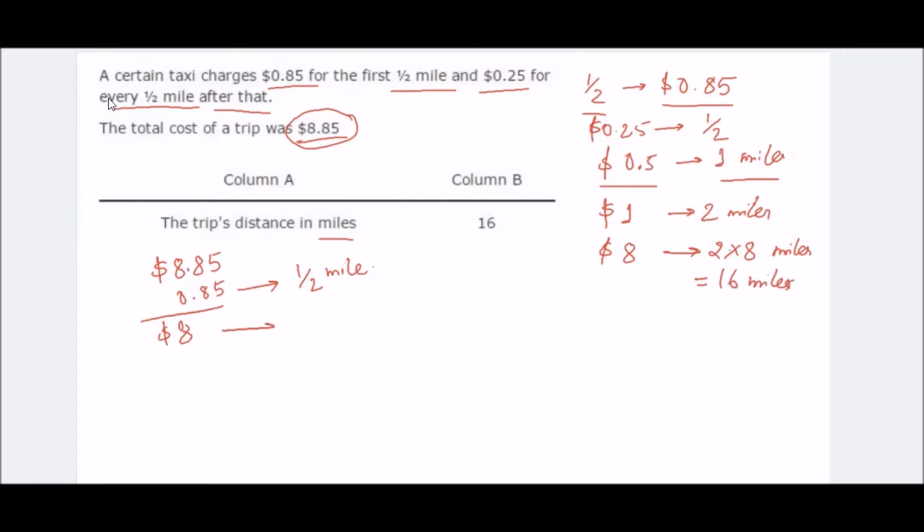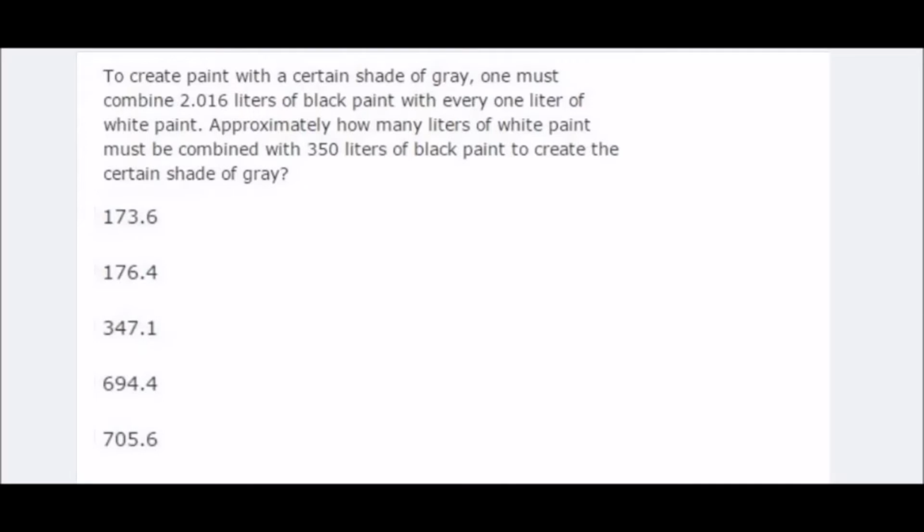So $8 contributes to 16 miles, and the total trip will be 16 plus half mile, which equals 16.5 miles. That's why column A becomes greater than column B. That option is A.